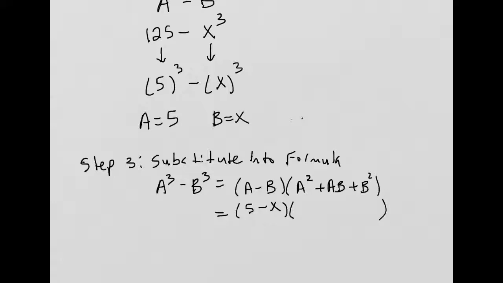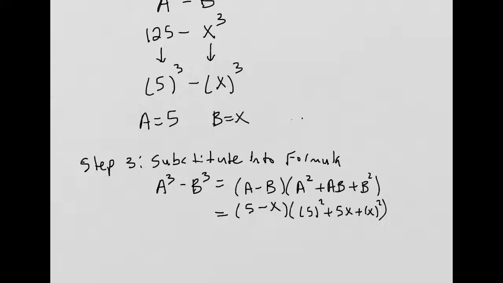And then in the second group, it's A squared, so that's going to be 5 squared, plus big A times big B, which is 5 times x, or I could write that as 5x. And then at the end, I've got big B squared, so for me that's going to be x squared.